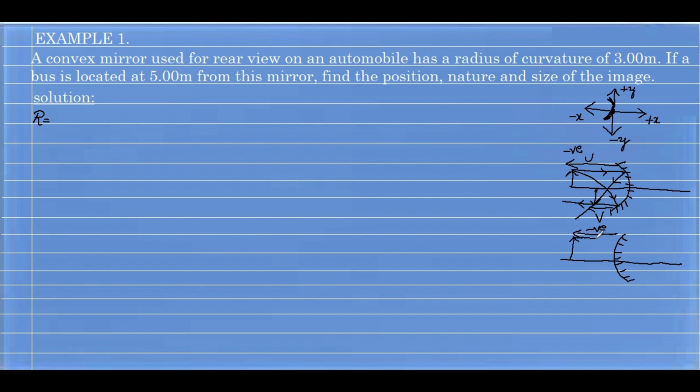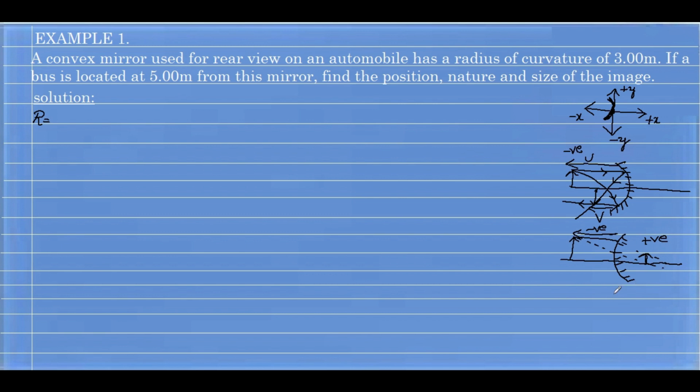After reflection, the image will usually form here. It will be an erect and virtual image, so it will always be straight, not inverted. So the image distance will always be positive, and the object distance will be negative. These two things you have to keep in mind.